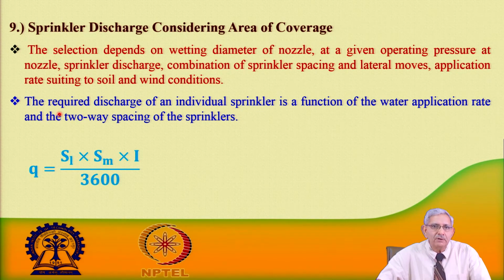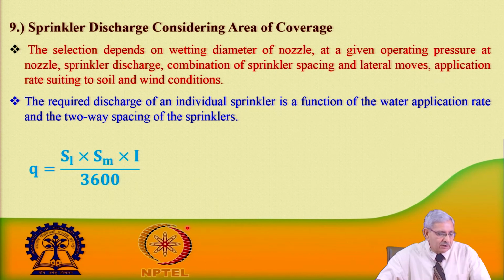So, the discharge from an individual sprinkler is given by the area, that is S L into S M, multiplied by the application rate. Now, 3600 is the unit constant.